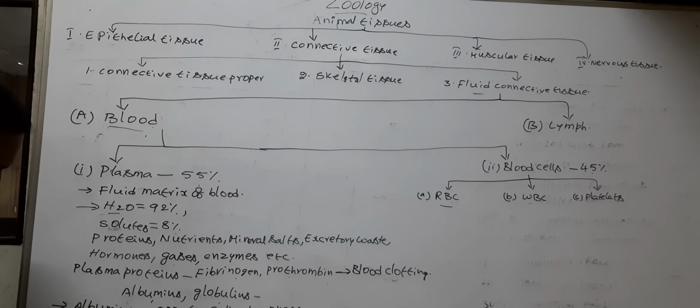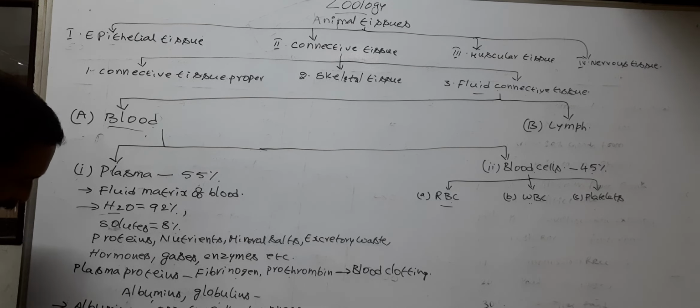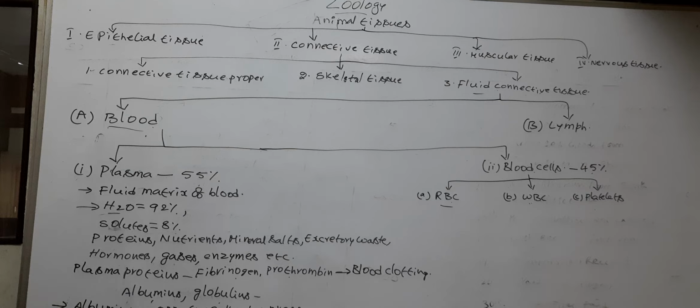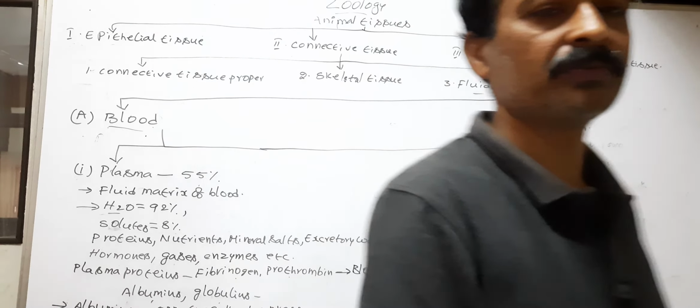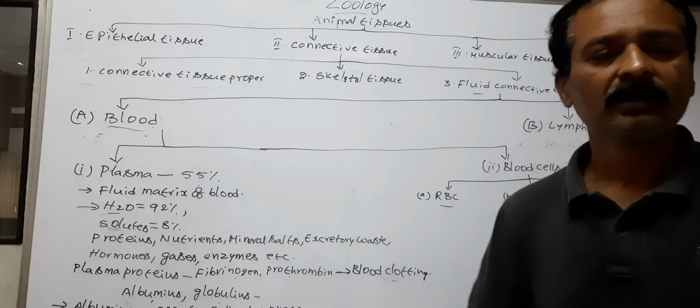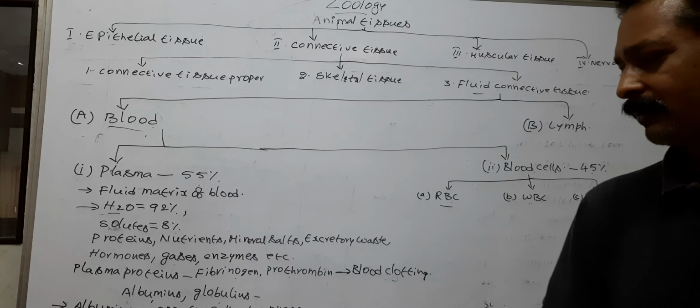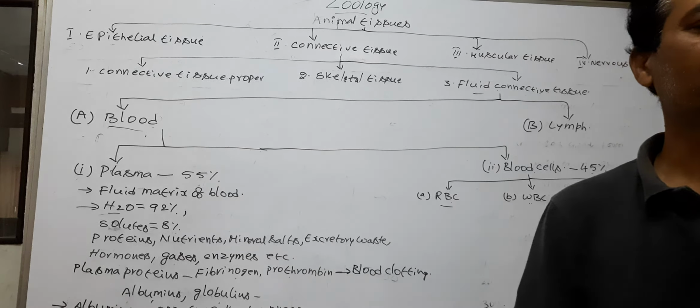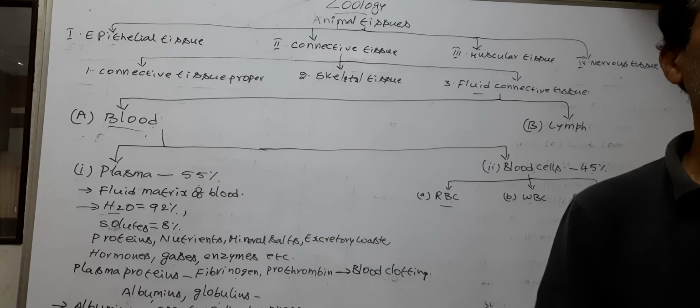The pH of blood is maintained by plasma proteins.